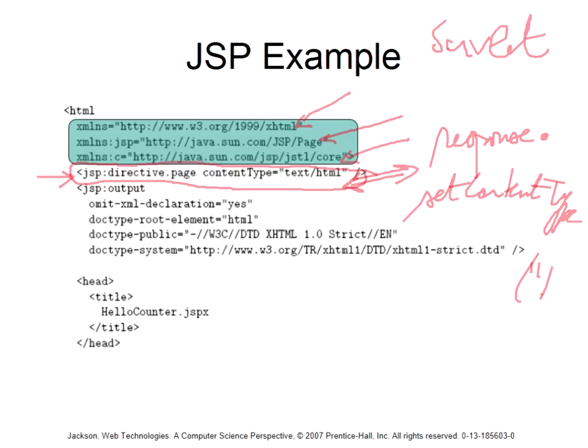Yes, very good. So that means we want to set the content type as text/html. To write response.setContentType text/html, we use the JSP directive.page contentType equal text/html. Is it clear? Any questions?